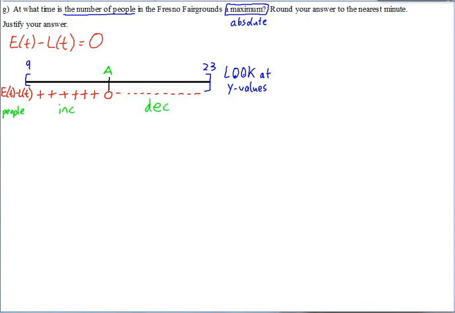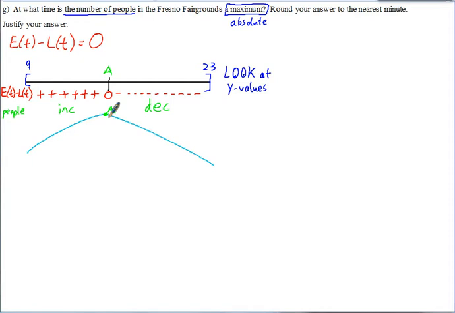If we do a little sketch of that graph, it's increasing and then decreasing. So at A right there, the absolute maximum would have to be there. It's also a relative maximum. In this case, the endpoints can't be higher than that point. It's the shape of the graph. So we know it's A.